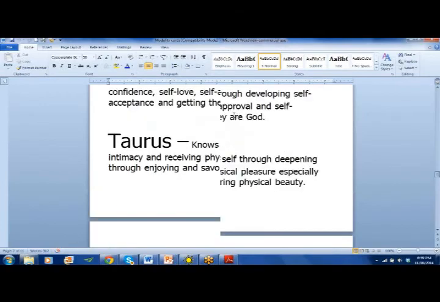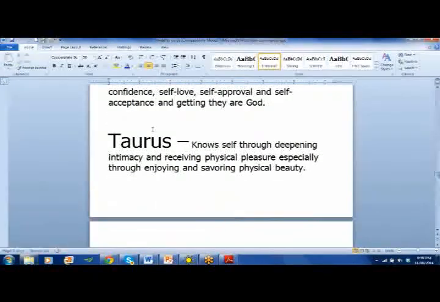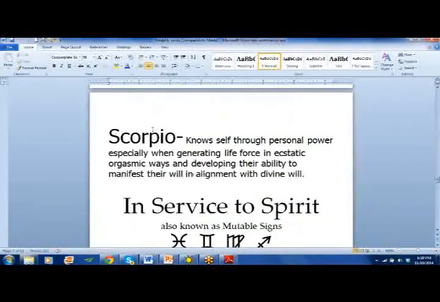So each of these, Leo is fire, Aquarius is air, Taurus is earth, Scorpio is water. So each modality has an element. And so the element adds a different quality to that sign and the modality. So if we understand the elements and the modalities, it gives us a way of bringing deeper meaning into each of these signs.